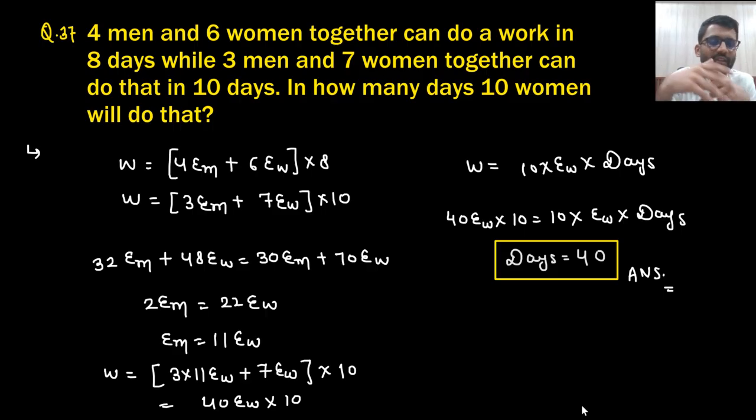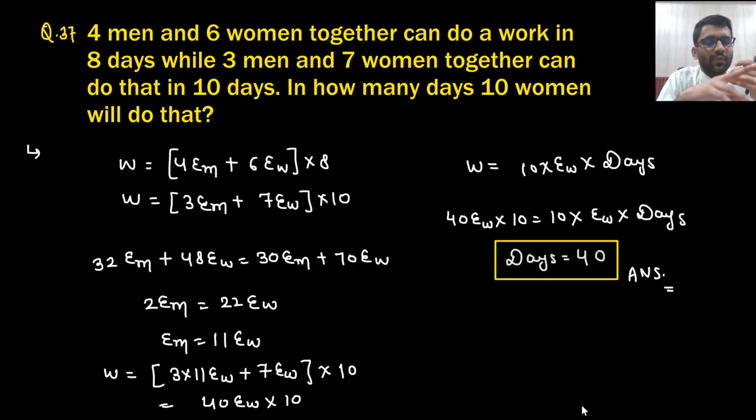There you have to go with the conventional one: 4 men plus 6 women do the work for 8 days, 3 men plus 7 women do the work for 10 days. Now from there you get the relation that 1 efficiency of man is equal to 11 efficiency of woman, right? Now what is the work? Now what they are asking is in how many days 10 women will do it.